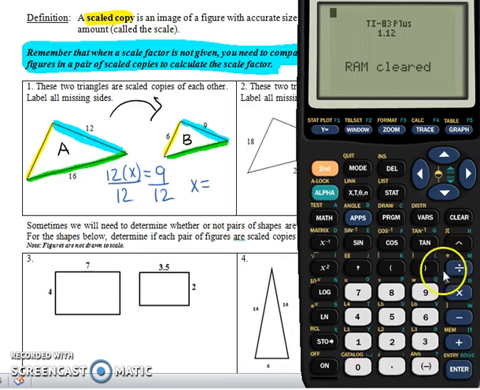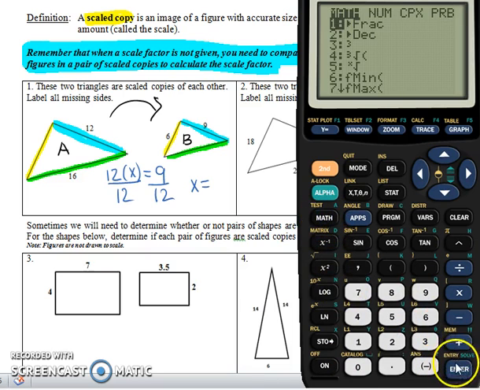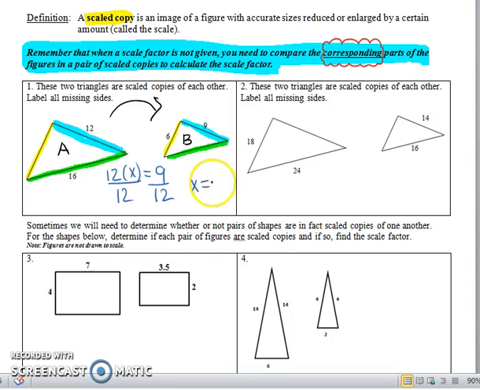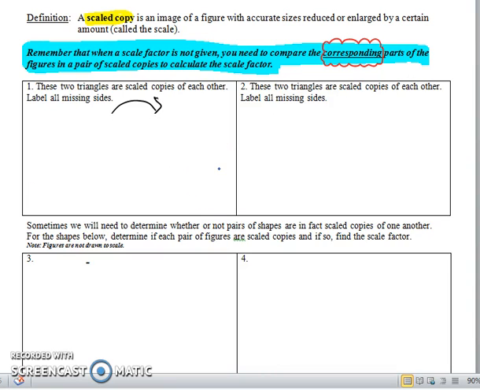Using my calculator, 9 divided by 12 is 0.75. Remember, if you convert that to a fraction, it's 3/4. So whichever one you prefer, remember we can represent scale factors either as decimals or fractions. I'm going to just call this 0.75 because that'll be easier to work with.